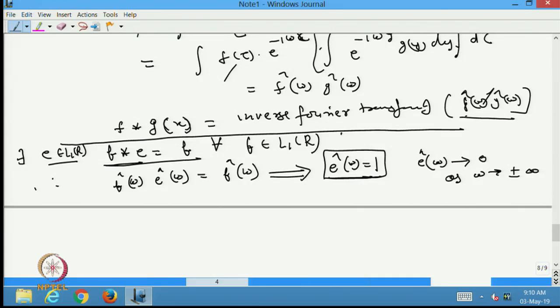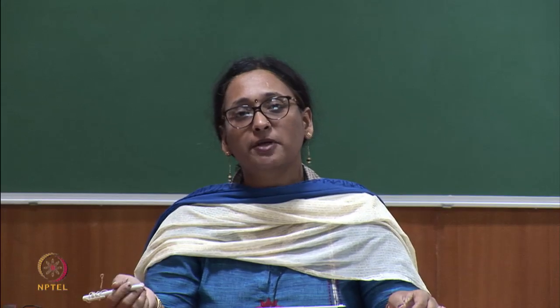So it means there does not exist a convolution identity, or we have to say something more about how we can approximate this convolution identity.